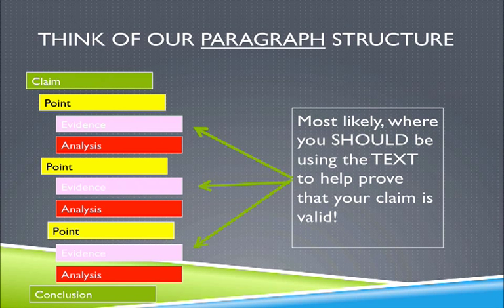But where did those reasons come from? This is where you're probably going to have to use other texts to help justify your thinking. So if you wanted to say, for your claim, I should be able to take the car out on a Saturday night, and your first point as to why you should be able to take it out is that you are 16 years old, that's probably not enough. We need to go and provide some evidence of why being 16 should allow you to take the car.